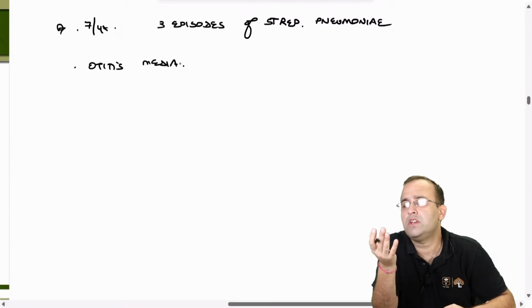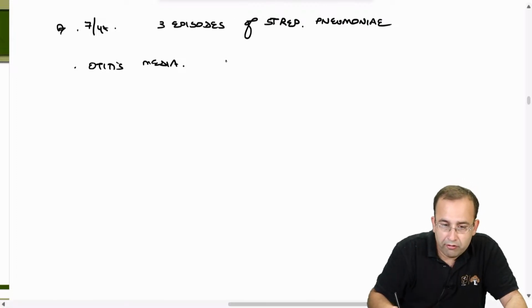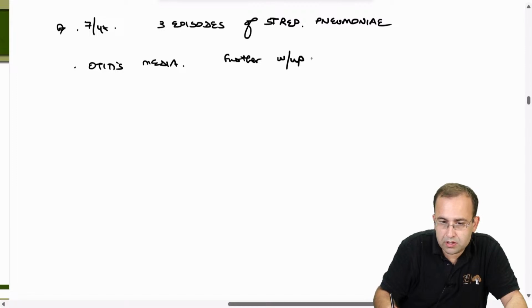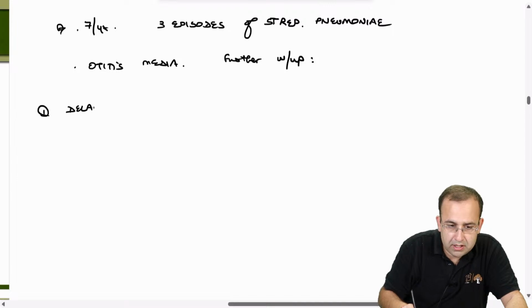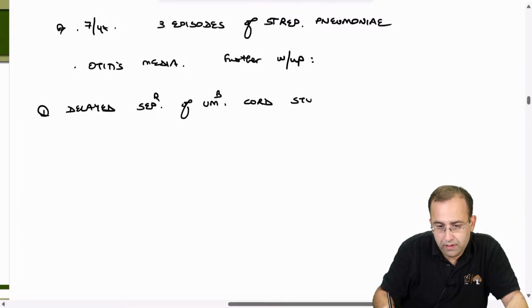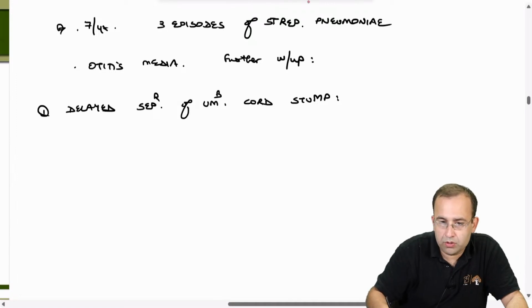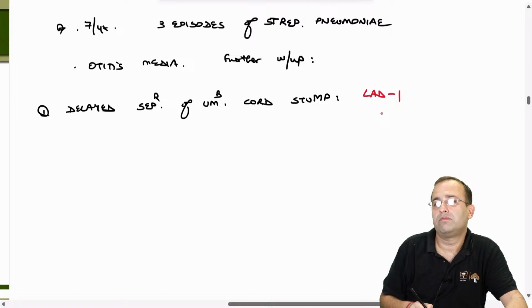He gave you a history of 3 episodes of strep pneumoniae last year, now presenting with otitis media. Further workup of the patient elicits a history of delayed separation of umbilical cord stump. Diagnosis, LAD1, leukocyte adhesion defect 1, which is a defect in adhesion.